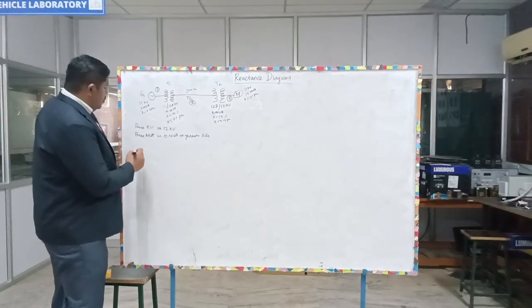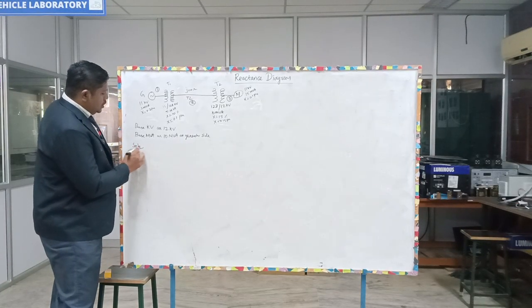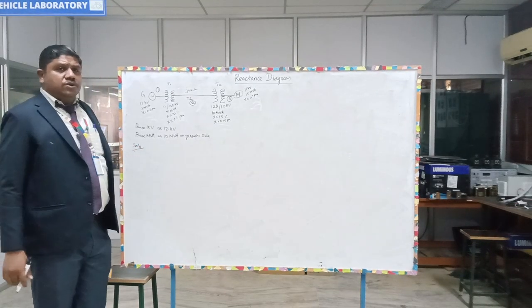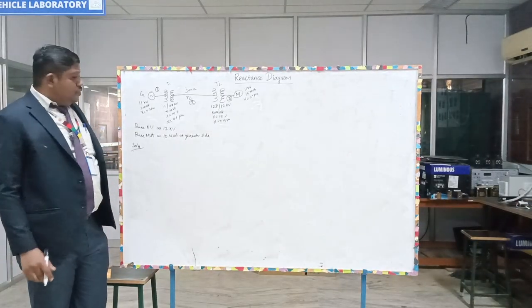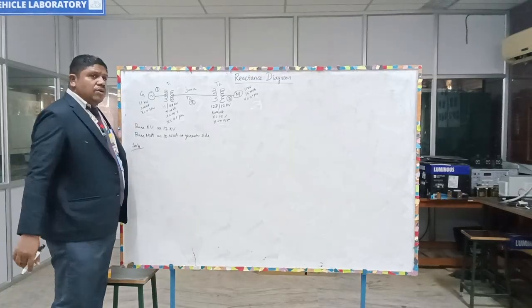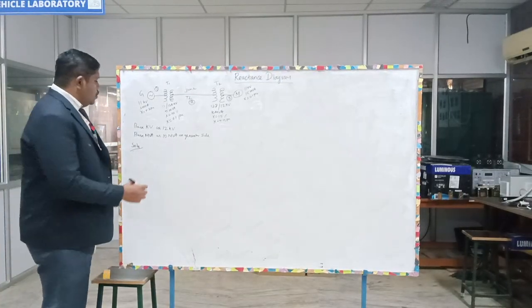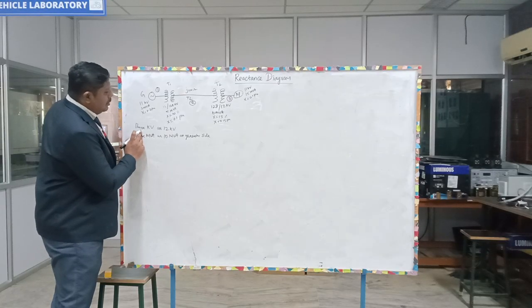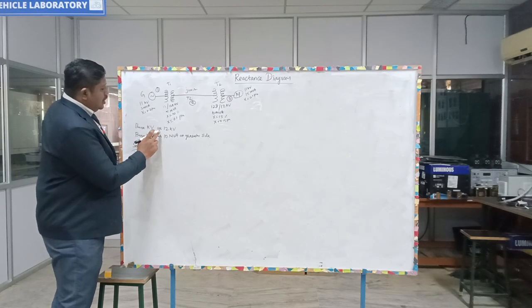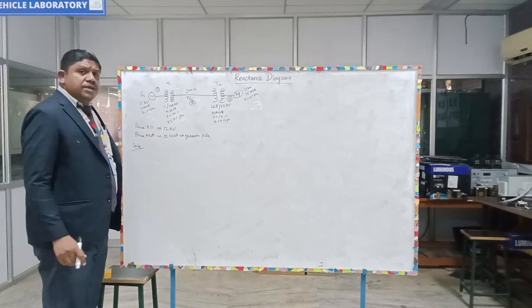Now you have to calculate the solution. The first thing is you have to draw the single line diagram and represent all the values. Before getting into that, you have to calculate the new kV base in each section. For example, it is given in the problem as kV base of 12 kV at the generator side.